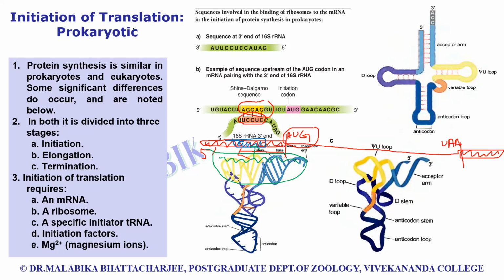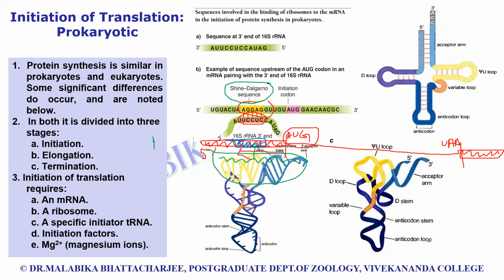From the information we got today, the mRNA has two vital points which help the ribosome to recognize it. The first is the Shine-Dalgarno sequence present in the mRNA, which tells the 30S ribosomal subunit exactly where to bind.